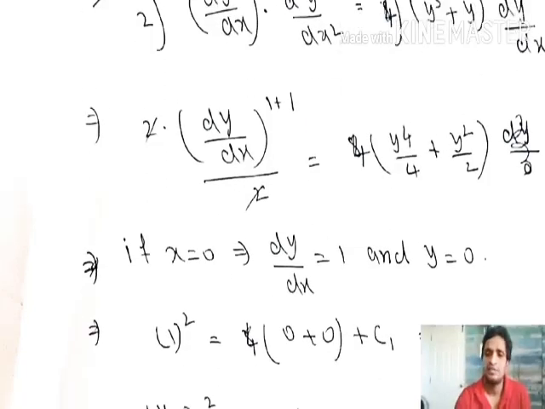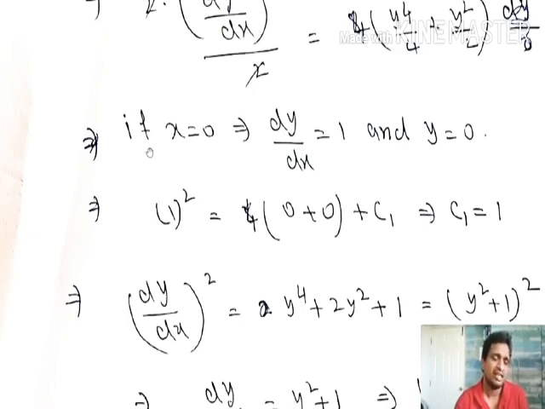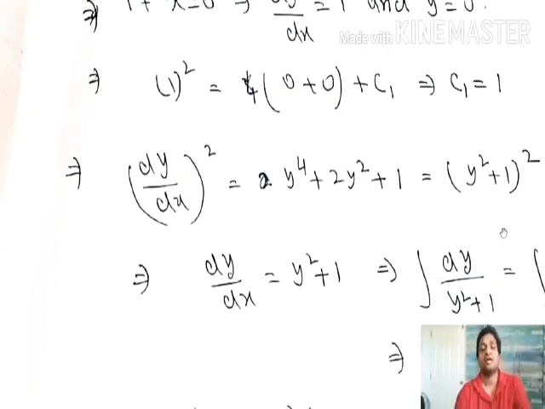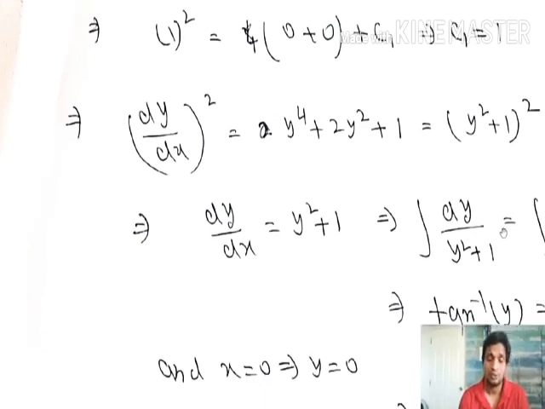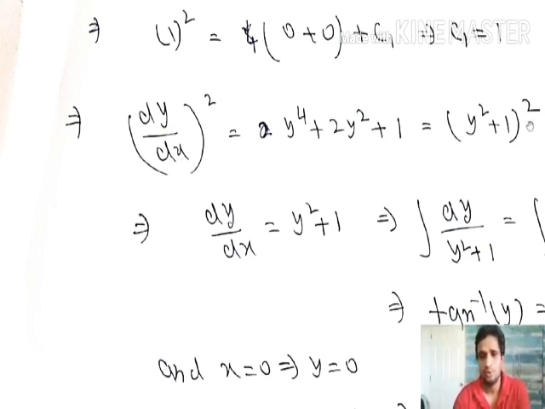I have to find the c1 value. Here it is given x equal to 0 implies dy by dx equal to 1 and y equal to 0. So I am substituting dy by dx equal to 1 and y equal to 0, it gives c1 equal to 1. Again we have to find the general solution. So (dy by dx) whole square equal to y power 4 plus 2y square plus 1, which can be written as y square plus 1 whole square.